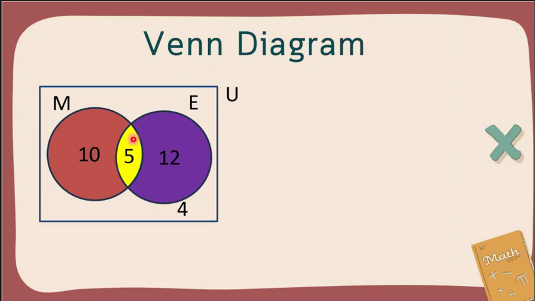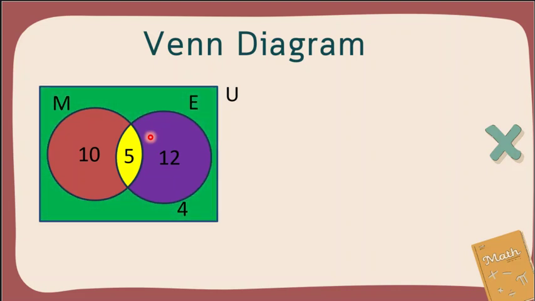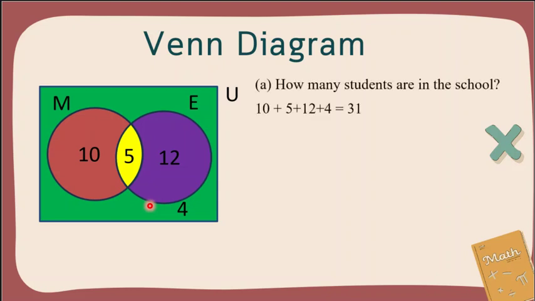So there is the maths and English part. Then the purple part talks about English only, and the green part shows neither maths nor English.